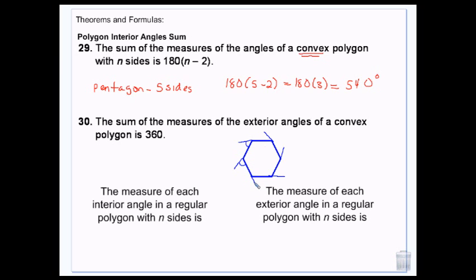And the angles that that makes will add up to 360. If I draw a triangle, same thing, going in one direction, these angles will all add up to 360.